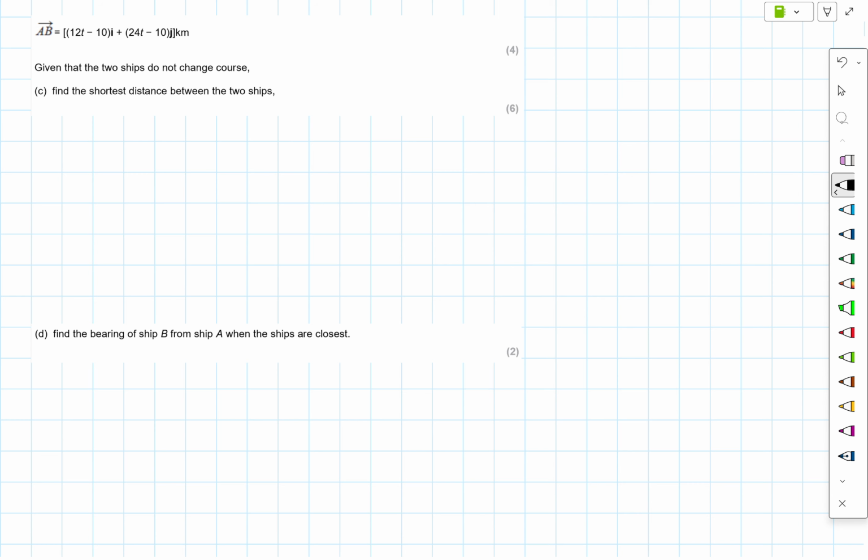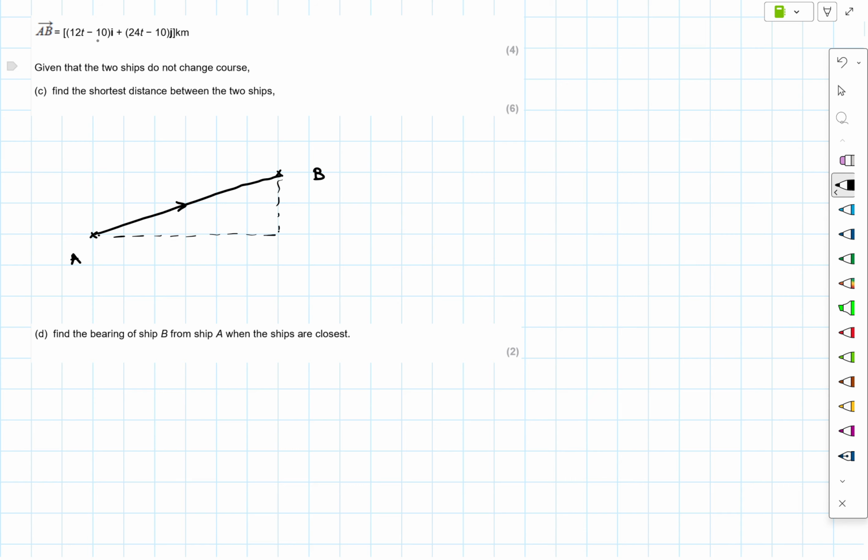When you see distance, you should think Pythagoras when it comes to vectors. We know A to B is something like this. That's A to B. And we know not what this line actually is, but we know what the across components and what the up components are.